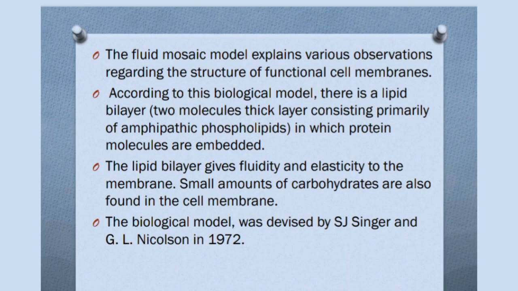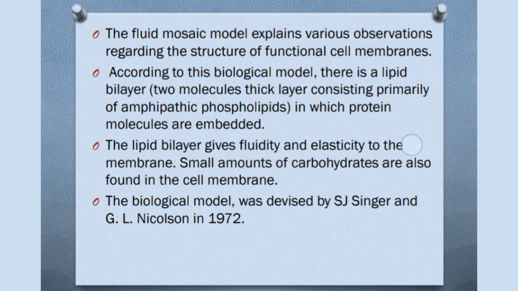See, the fluid mosaic model explains various observations regarding the structure of functional cell membranes. According to this biological model, there is a lipid bilayer. Just now you have seen in the figure that there is a double layer of lipids which is known as the lipid bilayer.